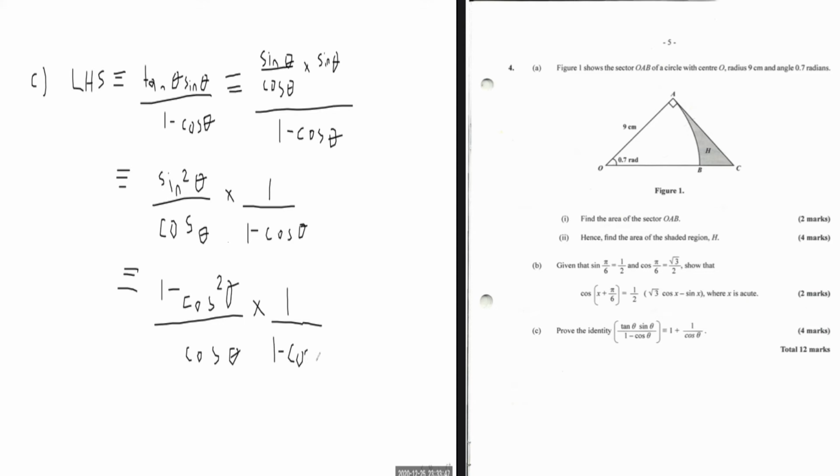Now we can use difference of two squares to separate 1 minus cos square theta as 1 minus cos theta multiplied by 1 plus cos theta, and all of this is divided by cos theta.